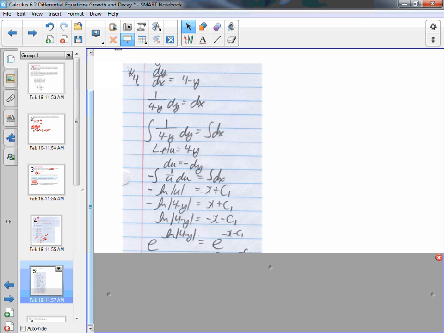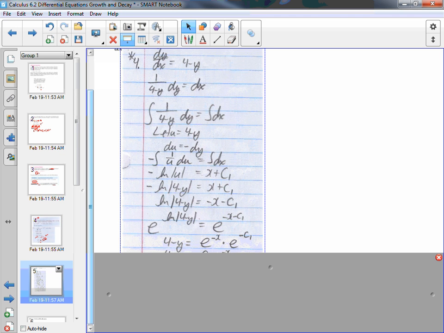And on the left side, e and natural log are inverse functions. So e to the natural log of 4 minus y is just 4 minus y. And then on the right side, I'm using that property backwards again, that when you multiply two factors with the same base, you add the exponents.